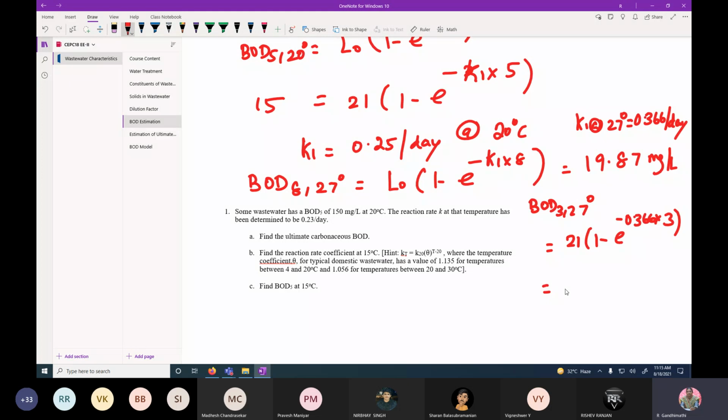How much? 13.99. BOD 3,27 is 13.99. It is almost comparable with the BOD 5,20.